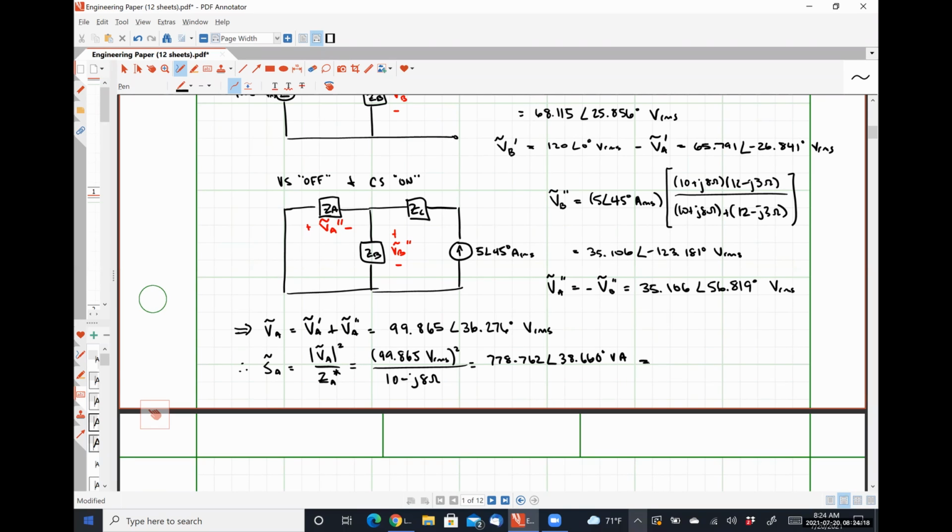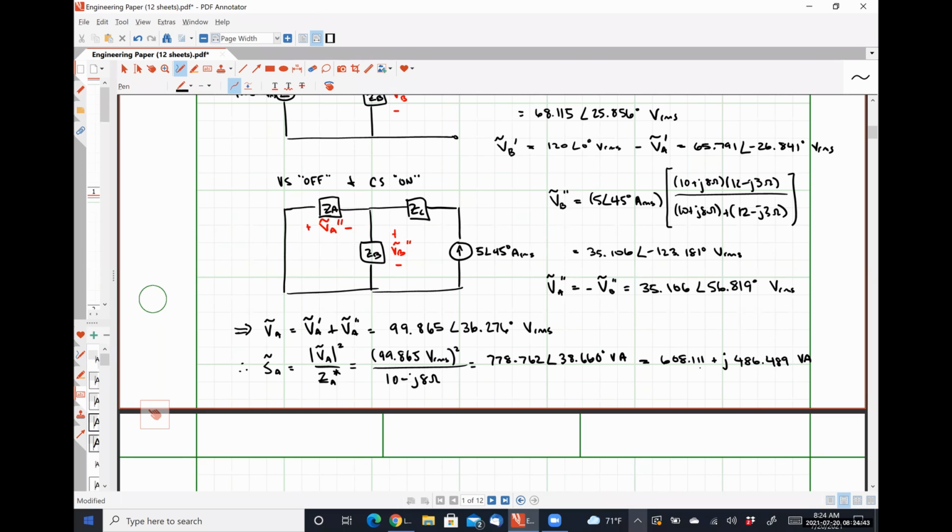Or in rectangular form, 608.111 plus j486.489 volt-amperes.